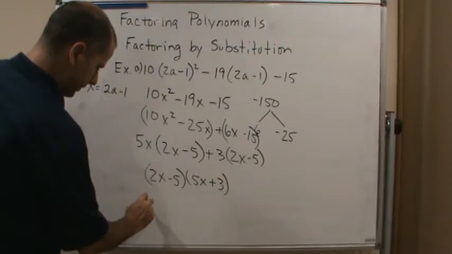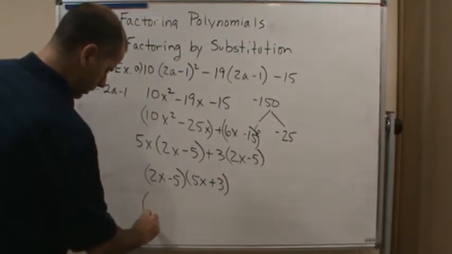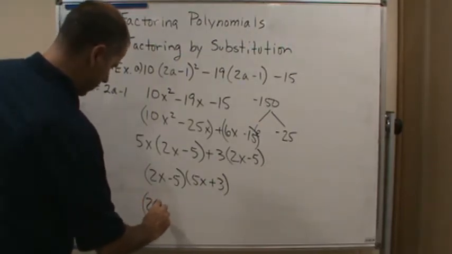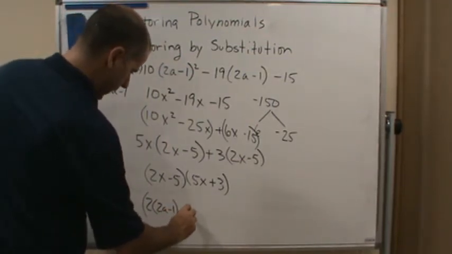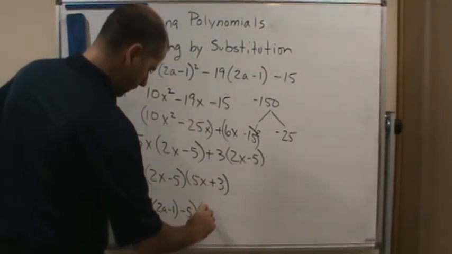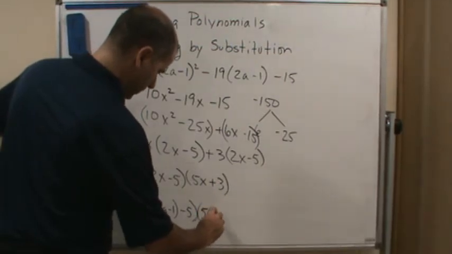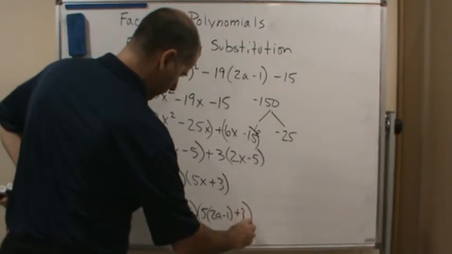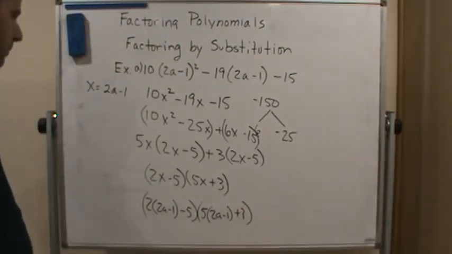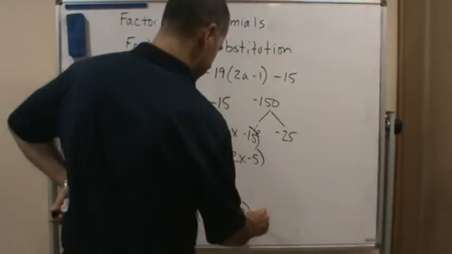So now this is going to be 2 times 2a minus 1 minus 5 times 5 times 2a minus 1 plus 3. So now I'm going to simplify this. Okay, so how is this going to simplify?